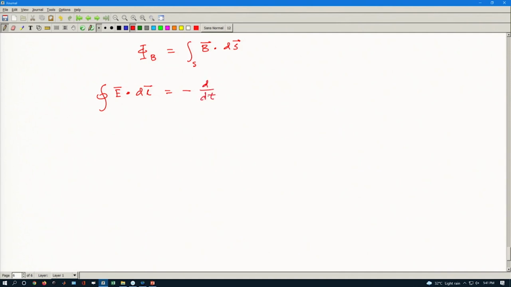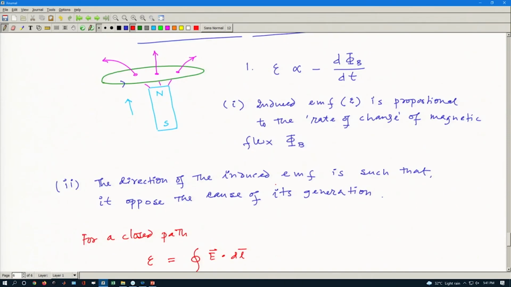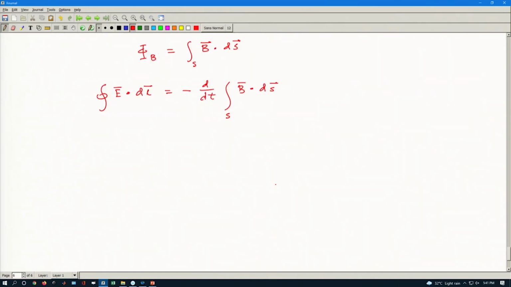Let us consider this proportionality constant to be unity, then it should be the surface integral of B dot ds. I am writing everything in mathematical form, in terms of electric and magnetic field. So, you can see that there is already a relationship of the electric and magnetic field. That is the first time we are having this relationship.